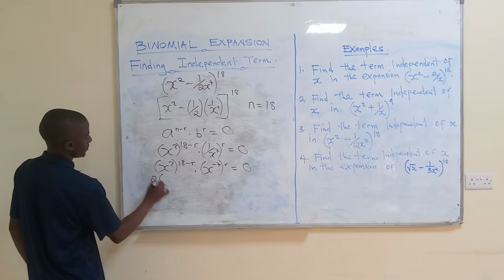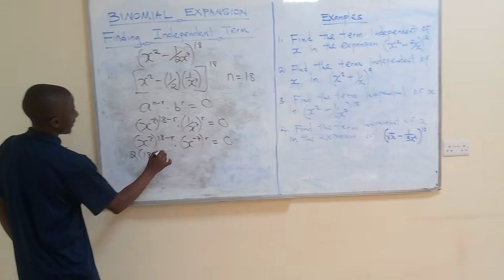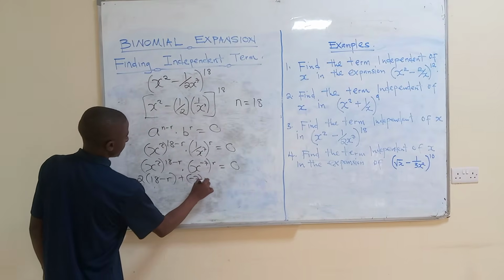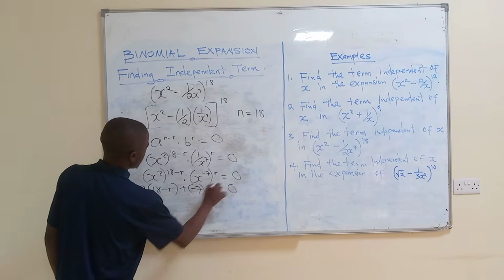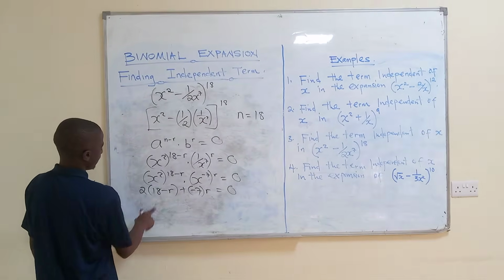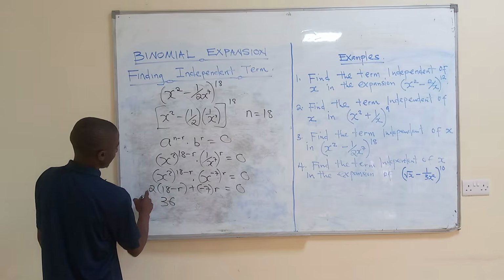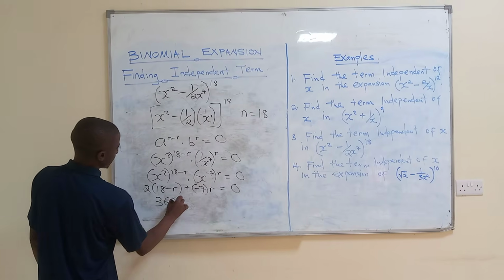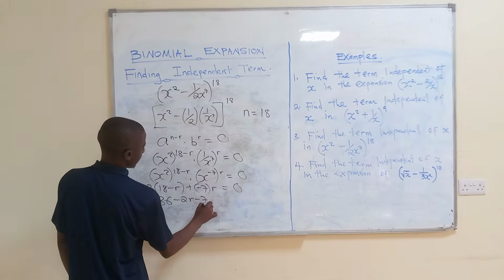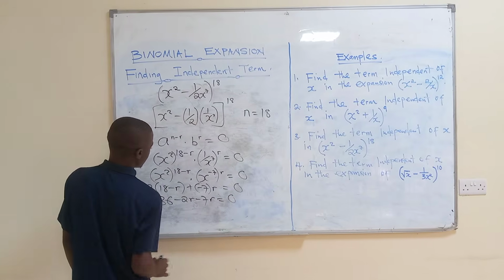So that is 2 times (18 minus r) plus negative 7r is equal to 0. 2 times 18, that is 36, negative 2r, positive and negative, negative 7r is equal to 0.